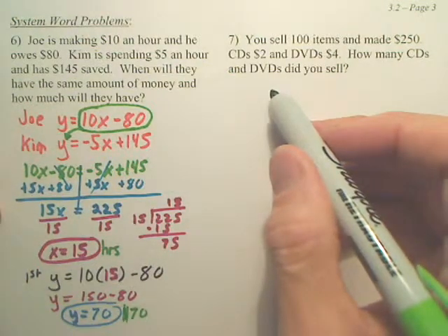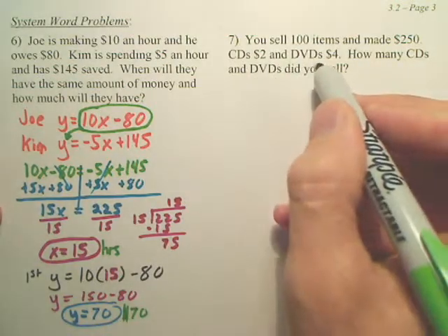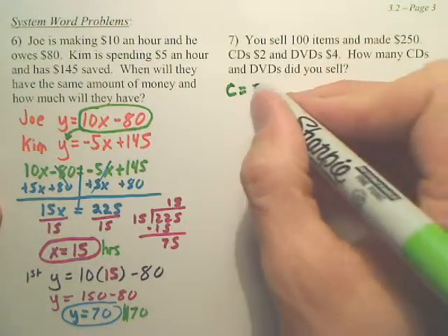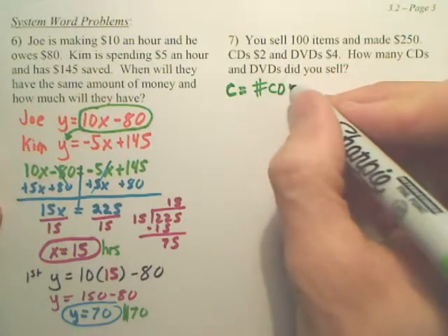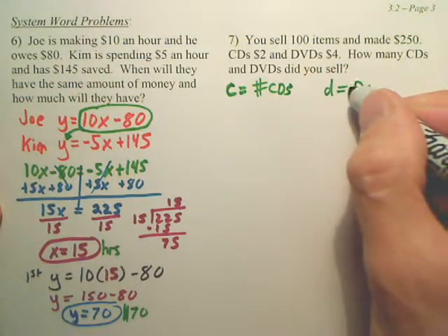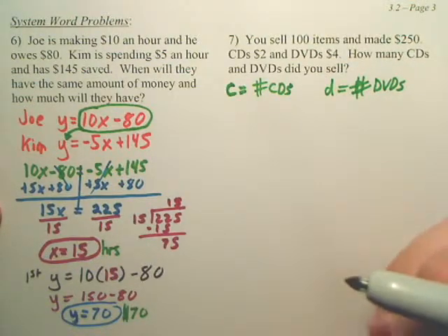Number 7. This is kind of like a yard sale where you're selling CDs and DVDs. Let C stand for the number of CDs you sold, and let D stand for the number of DVDs you sold.